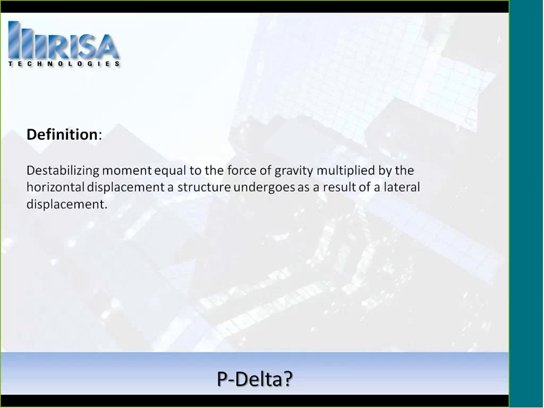So the definition of P-Delta, a lot of times you'll hear people call it a P-Delta effect. I found a couple definitions, and they're long-winded, but this one I found here is a destabilizing moment equal to the force of gravity multiplied by the horizontal displacement a structure undergoes as a result of a lateral displacement.